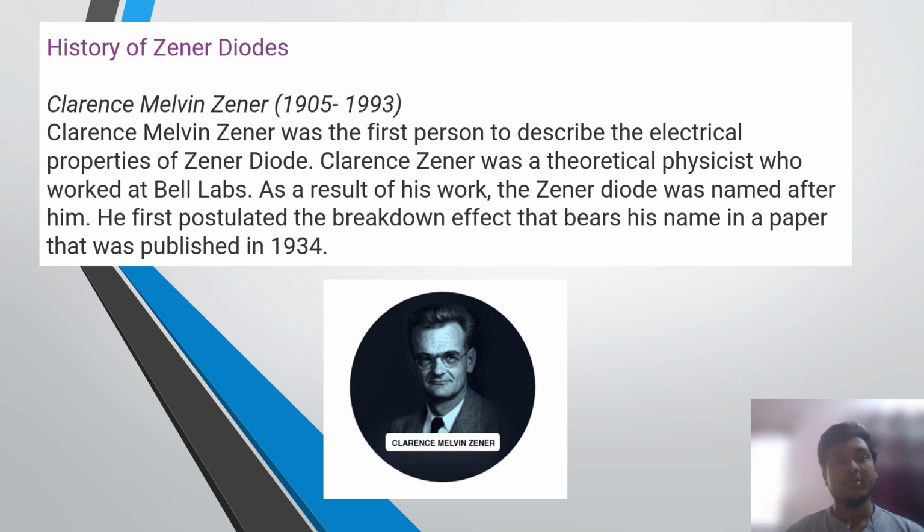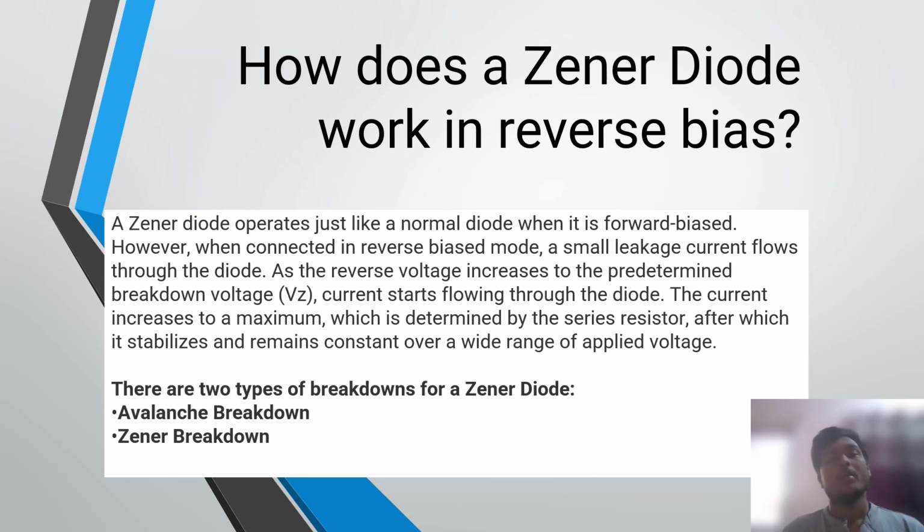So we will go to the third slide. How does a zener diode work in reverse bias? A zener diode operates just like a normal diode when it is forward biased. However, when connected in reverse bias mode, a small leakage current flows through the diode.